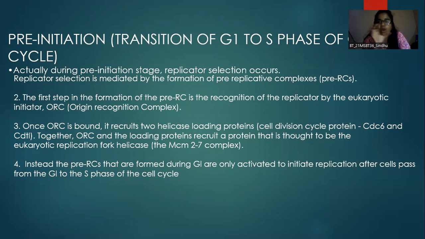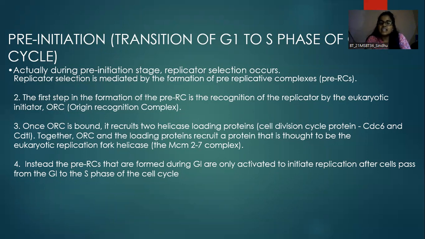Once ORC is bound to these pre-replicative complexes, it recruits two helicases. Why do we use a helicase here? To unwind the DNA. Helicase loading proteins are called CDC proteins. CDC6 is cell division cell protein 6, and there is also CDT1.